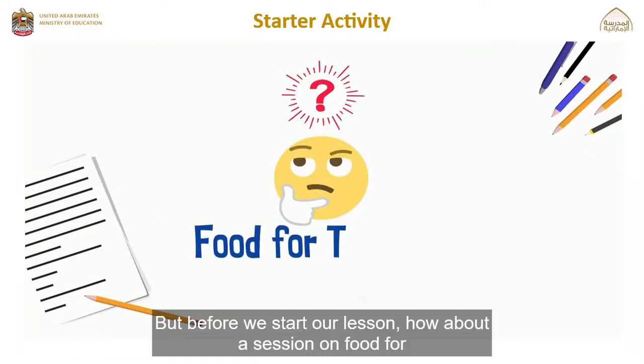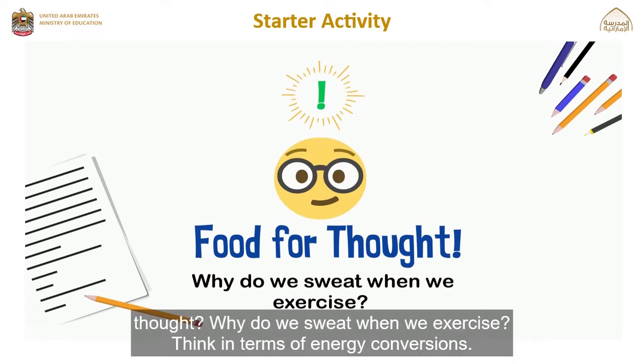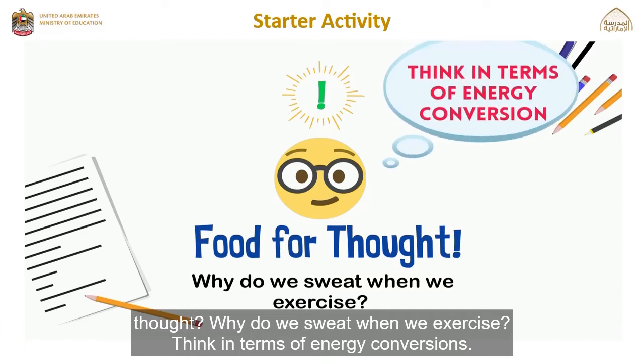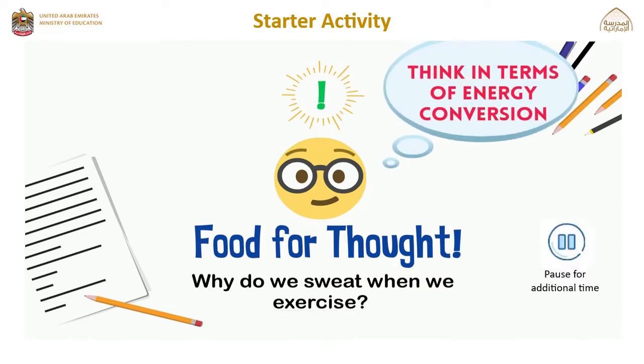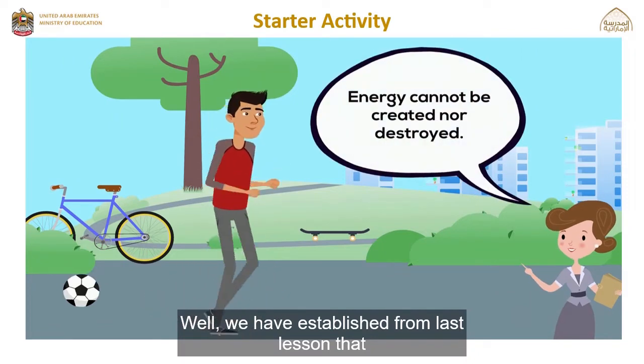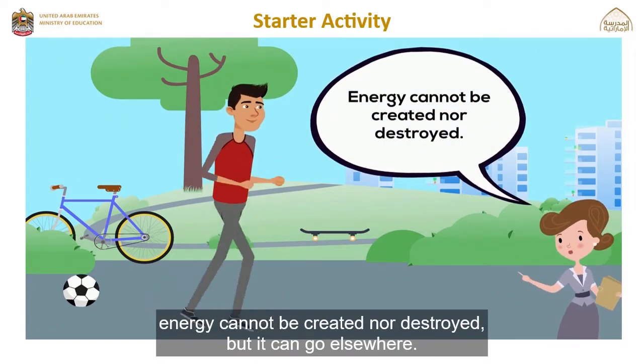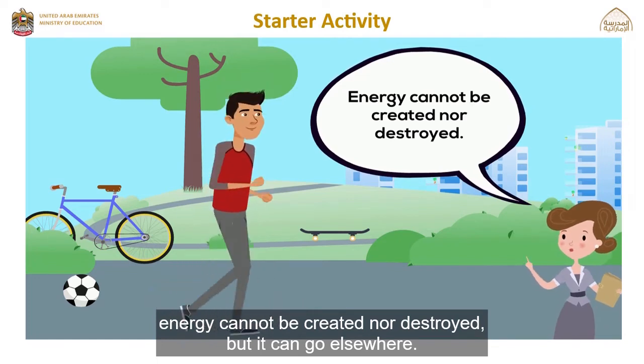But before we start our lesson, how about the session on food for thought? Why do we sweat when we exercise? Think in terms of energy conversions. Well, we have established from last lesson that energy cannot be created nor destroyed, but it can go elsewhere.